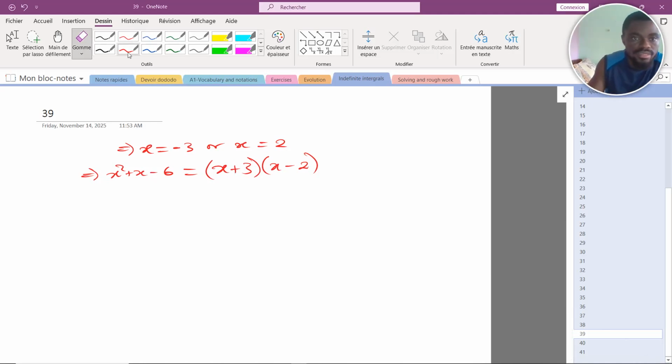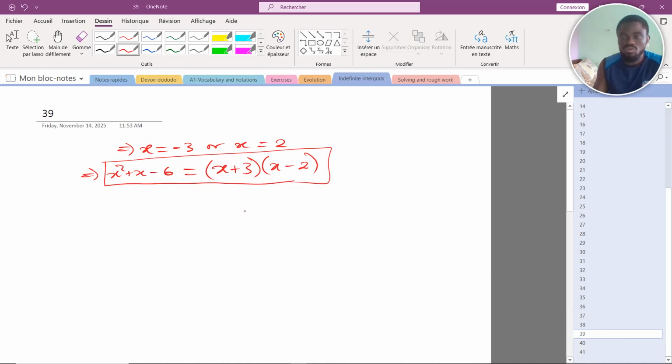So that's it. We have already written our quadratic expression as a product of what? Two factors. If you develop this, you notice that it gives this.